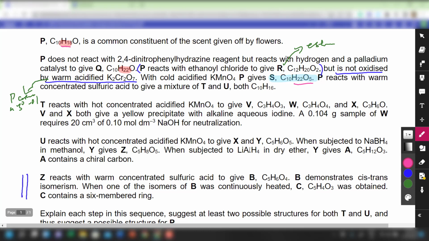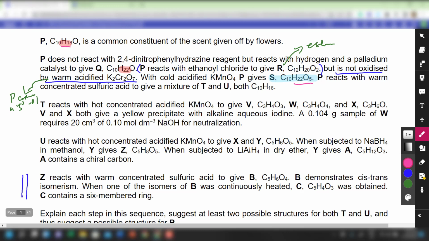Another type is mild oxidation, where usually we use cold acidified or cold alkaline KMnO4, where across the double bond, the pi bond is gone, and each of the original sp2 hybridized carbon will now be bonded to an OH group. So this further confirms that P contains a C=C double bond.